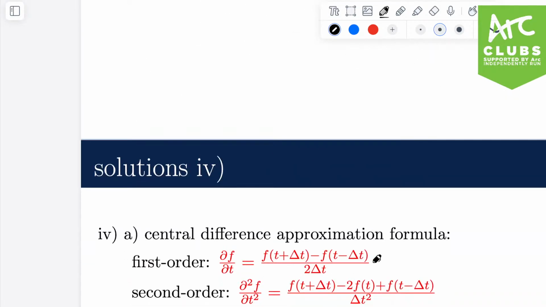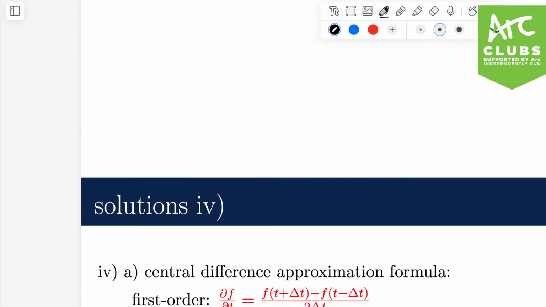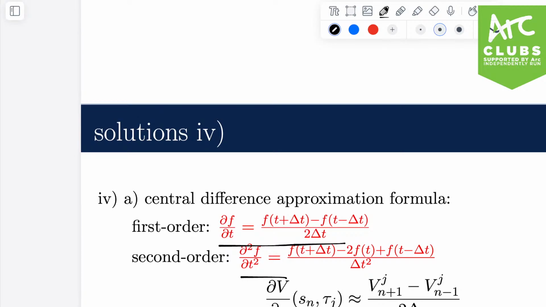So for part A, we just first calculate the first order derivative and the second order derivative of df/dt, and we substitute f for v and t for s. So we get this. Again, it's just applying the formula in the lecture.